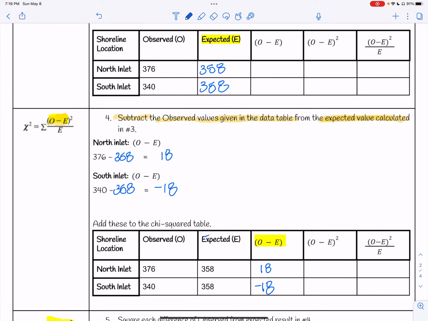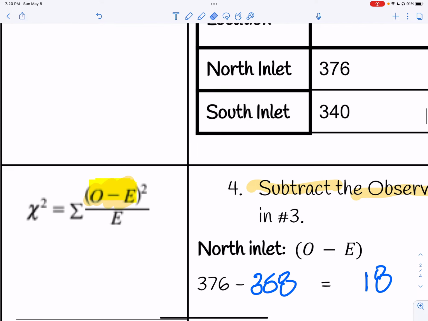And if you notice, just for ease of it, I put in the next sequential data tables the data that you have already calculated, so you don't have to fill them all in right away. Because in a real situation, they would just give you one table to be filling in. All right, if you can see in the formula then, the next thing that we're going to do after the subtraction is we're going to square it.